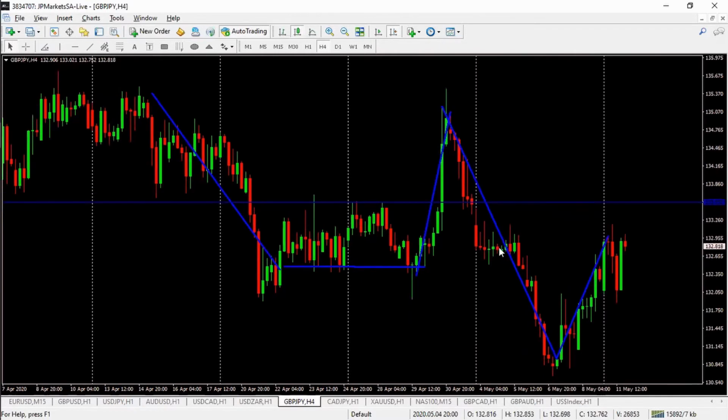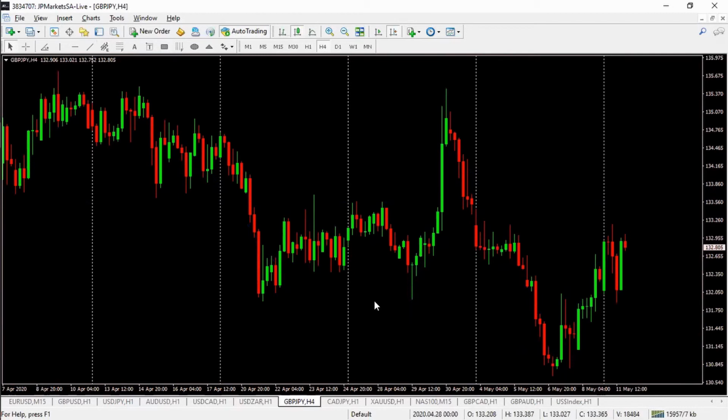But again, as you can see, there is a gap here. It started the week with a gap. And each and every time, what I've learned is once there's a gap, you should expect that gap to be filled. And this gap wasn't really filled. This is a wick, it's not a body.